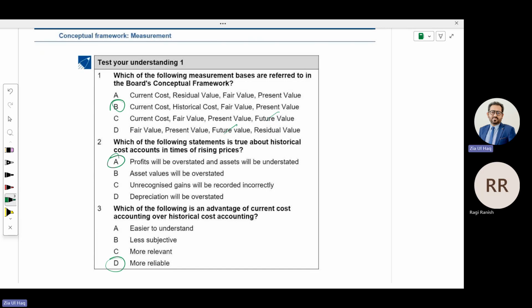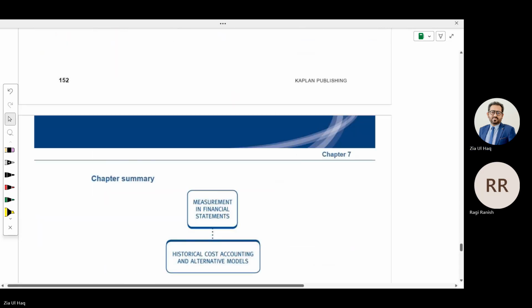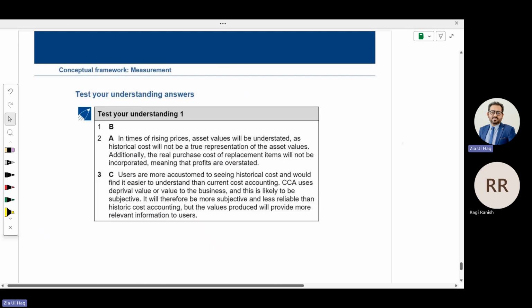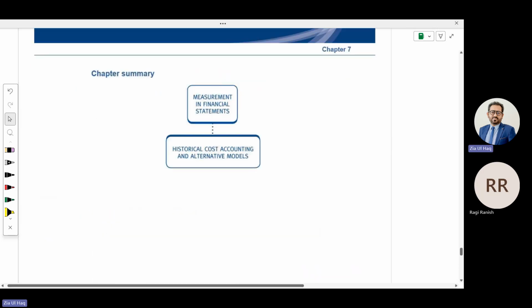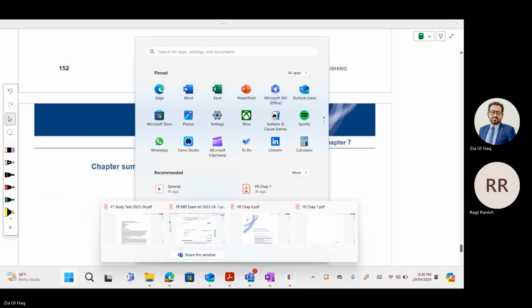There is subjectivity involved, since you must find the current value. More relevant. More reliable is not correct either. This chapter is finished. Yes, let's move towards MCQs.